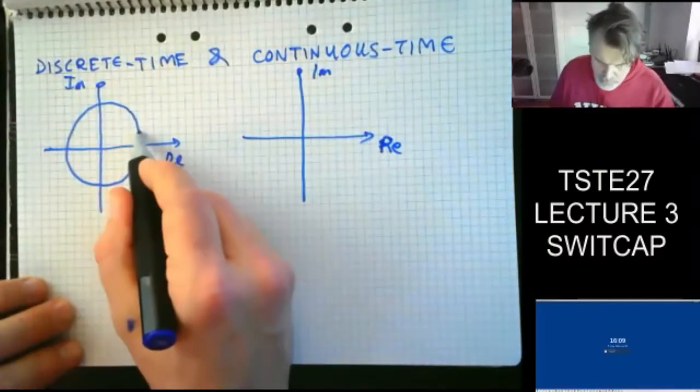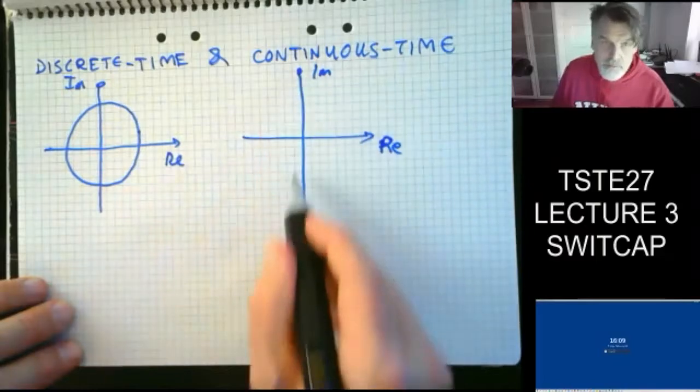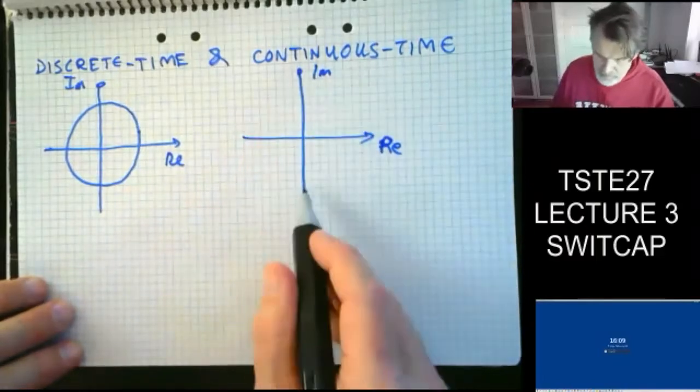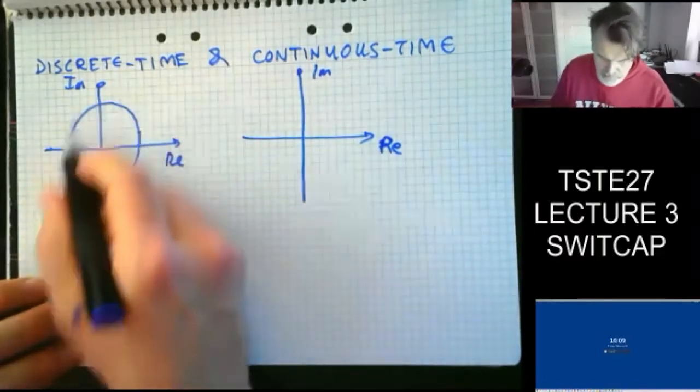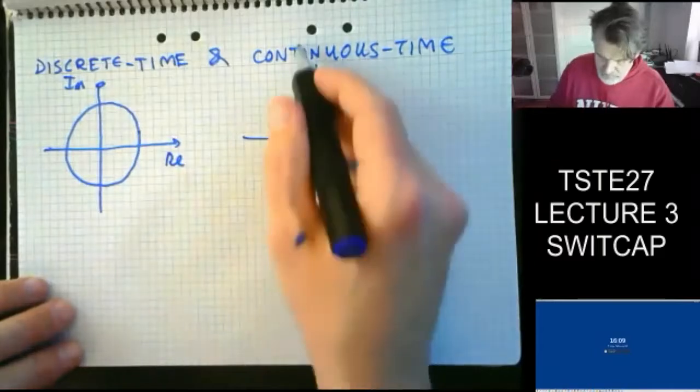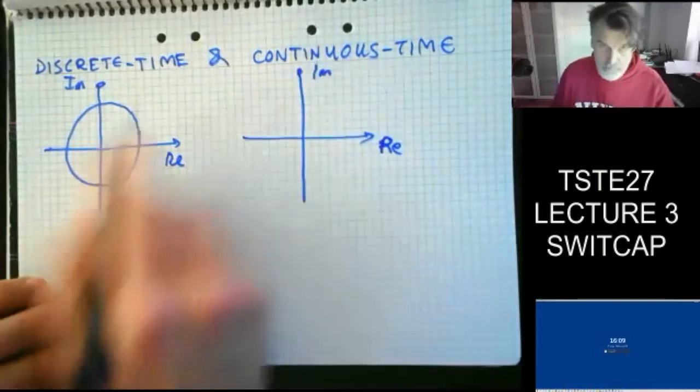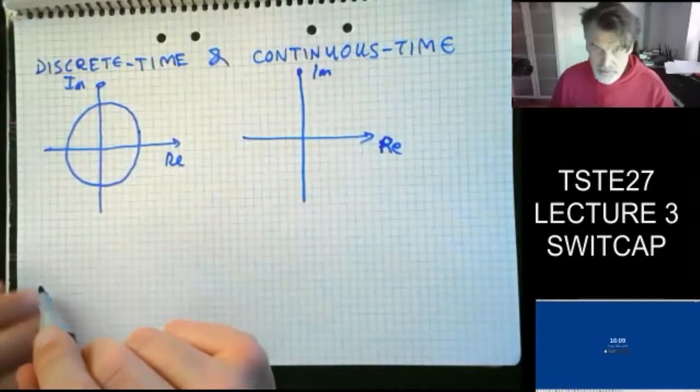And this unit circle is mapped on this imaginary axis. The unit boundary is mapped on this axis when we compare continuous and discrete time domains in the frequency domain.